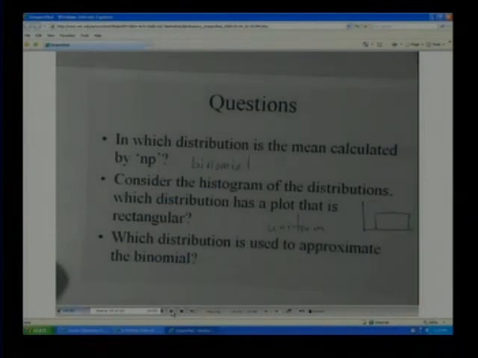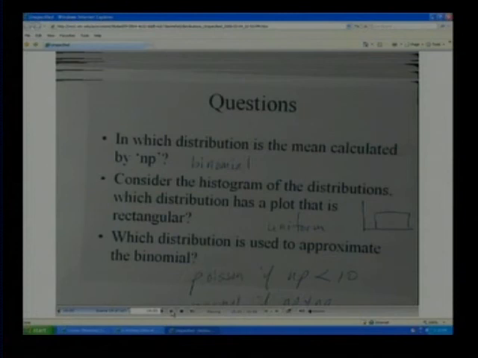Well, that's sort of a trick question, isn't it? Because you're going to use the Poisson if NP is less than 10, and you're going to use the normal if NP and NQ are greater than 5. So you can use that to do that.